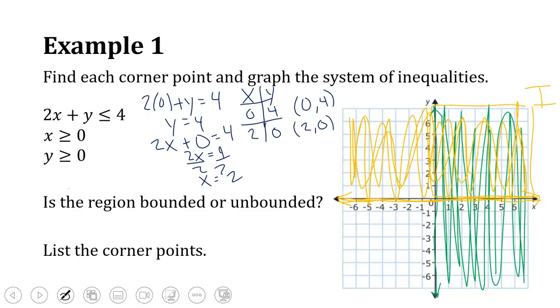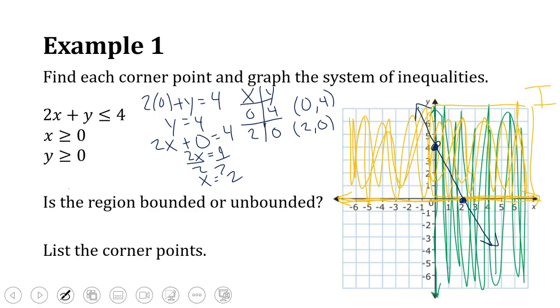My positive 4 on the y is up here, and my positive 2 on the x is over here. Now let's look at our inequality. Does it have a line underneath? Am I doing line or dash? I'm going to do line because it has a line underneath.